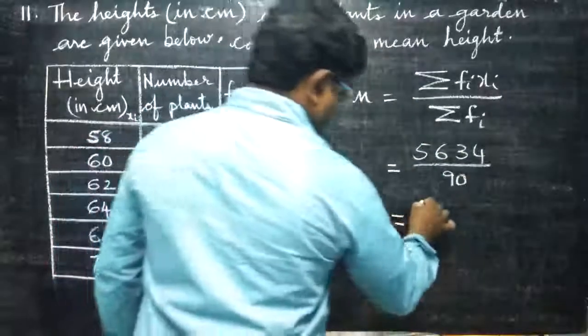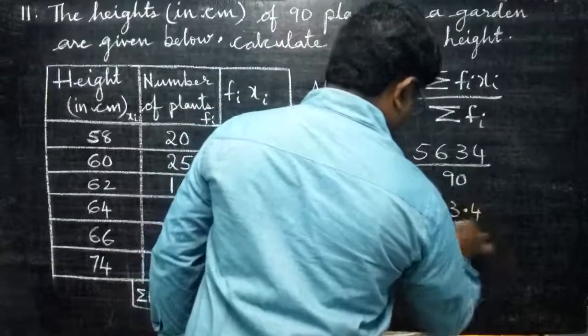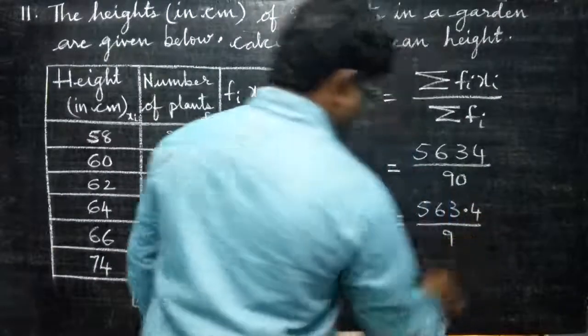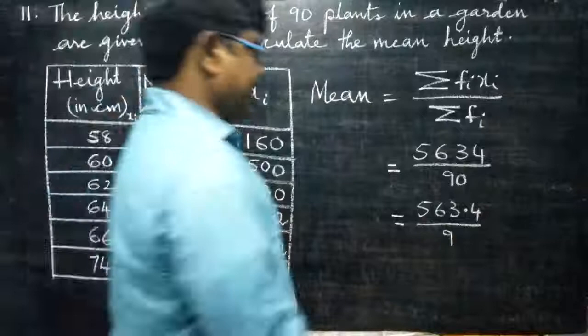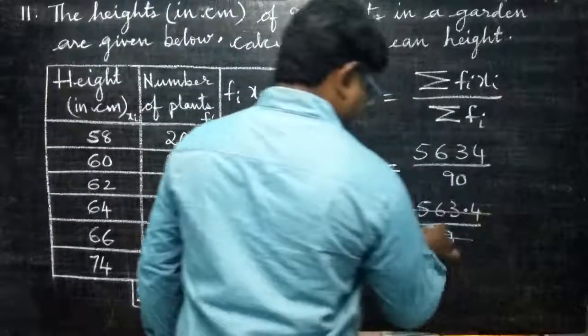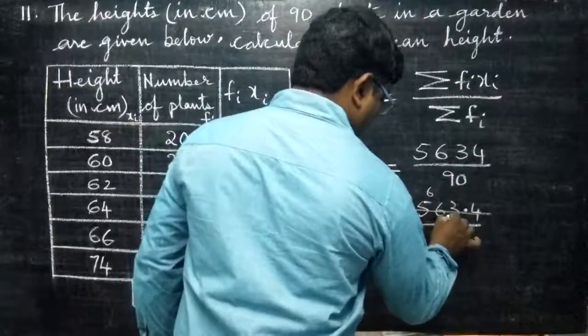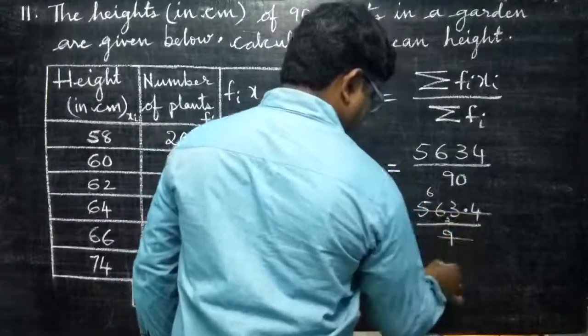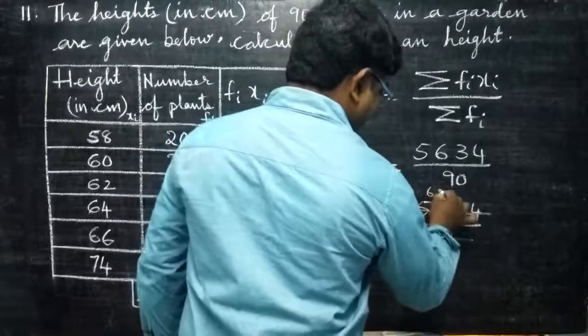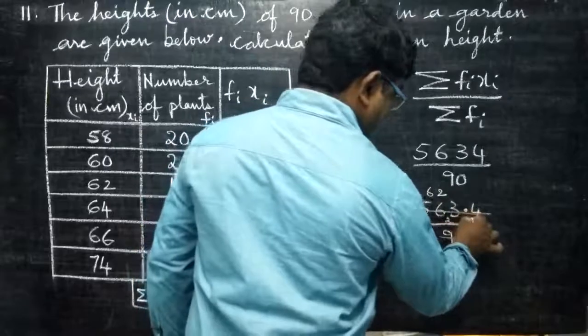Easy way, what I told you: 563.4 by 9, you write. 9 table everybody knows. With 9 you can simplify. 9 6s are 54, 4, 2 remaining. 9 2s are 18, 5 remaining.